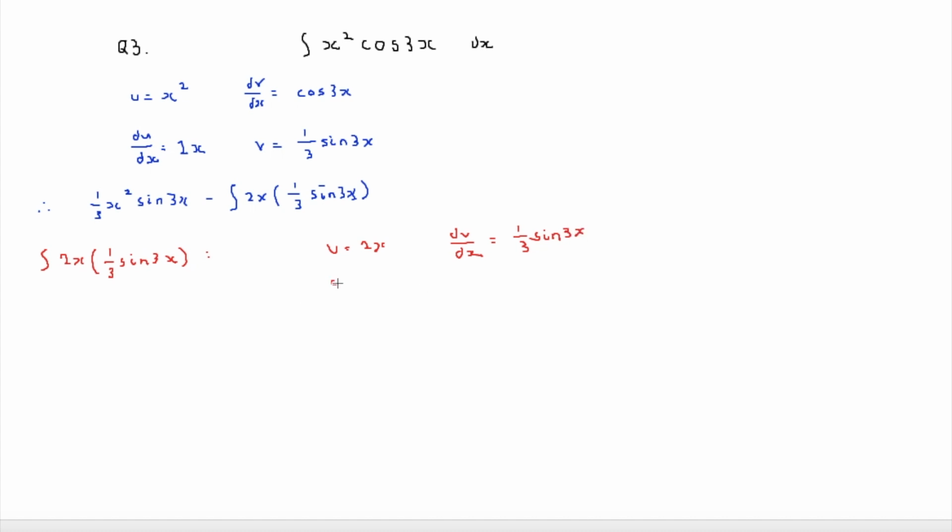So therefore du over dx is going to be equal to 2. V, so sine will integrate to give minus cos, and then a third divided by 3, so we're going to have minus 1/9 cos 3x.